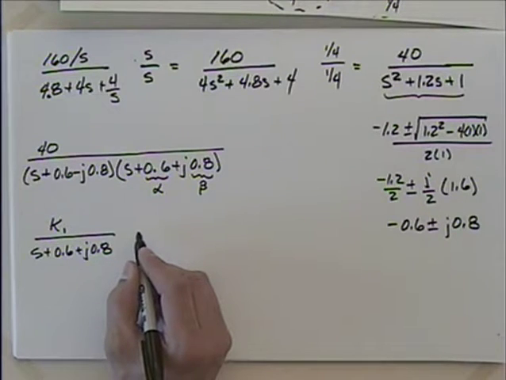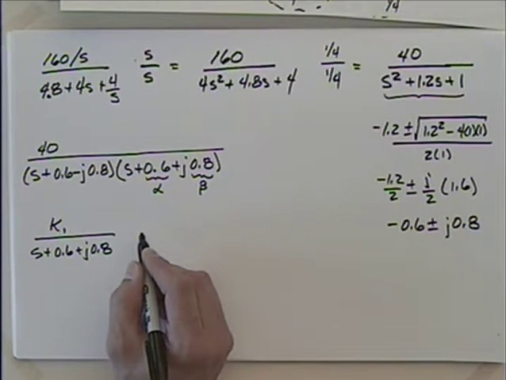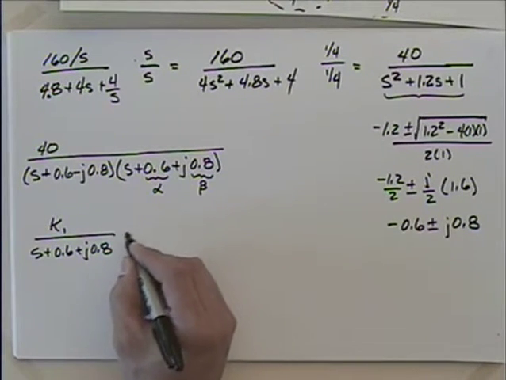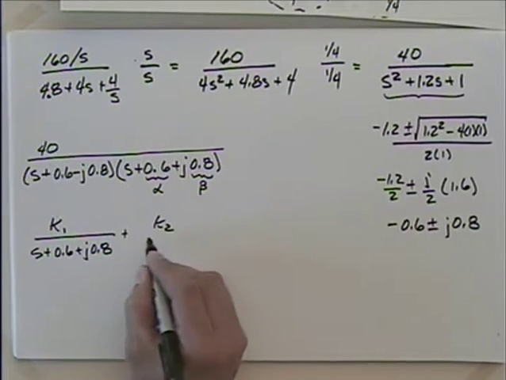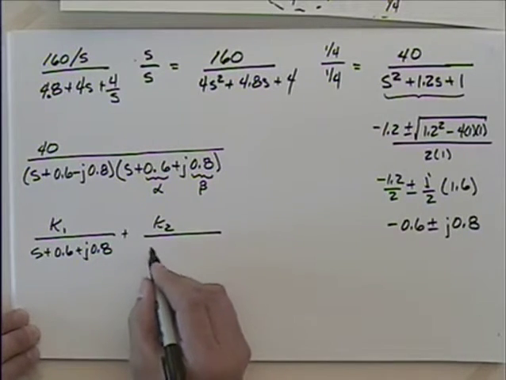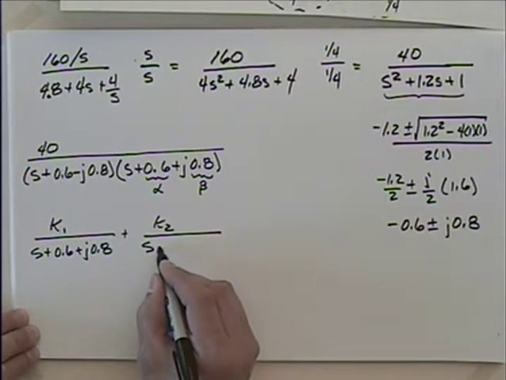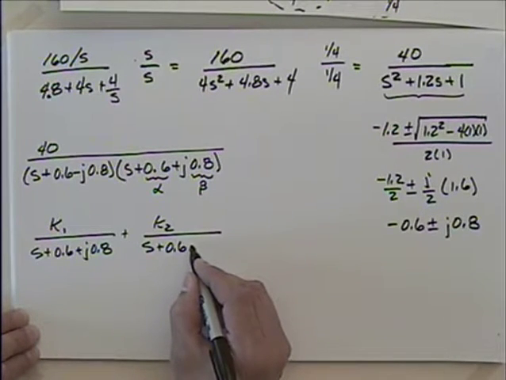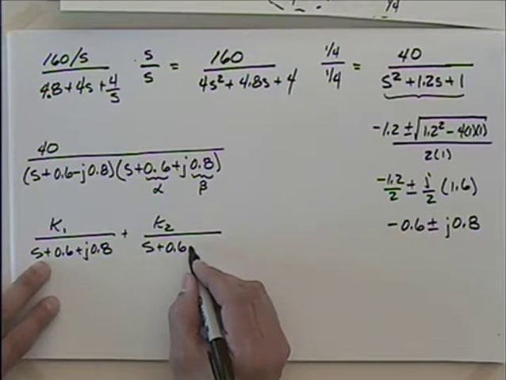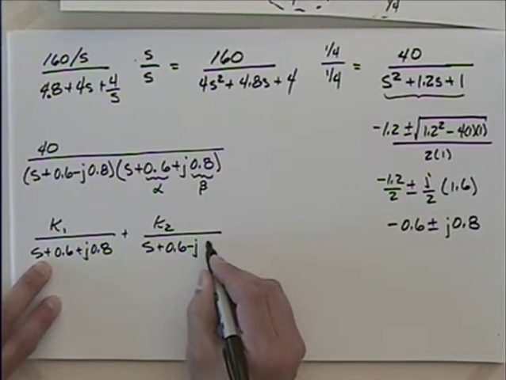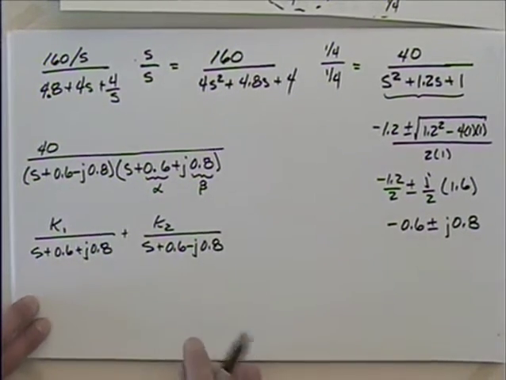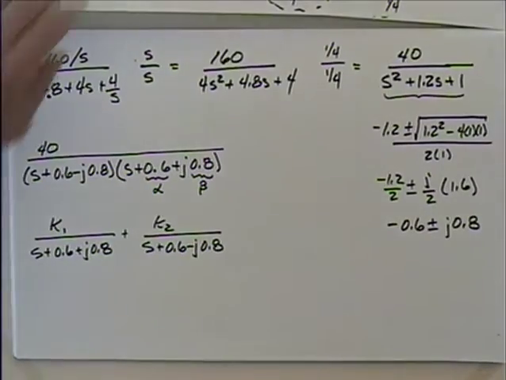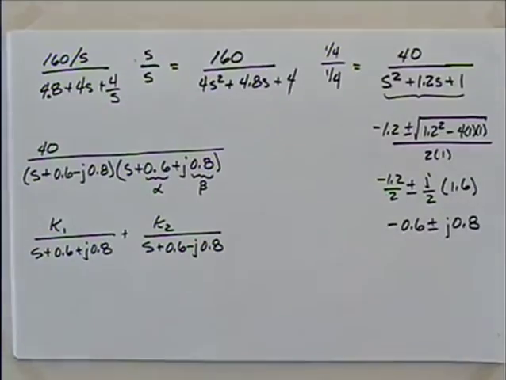And K2 divided by S plus 0.6 minus J0.8. Yeah, I think I should be okay with that.